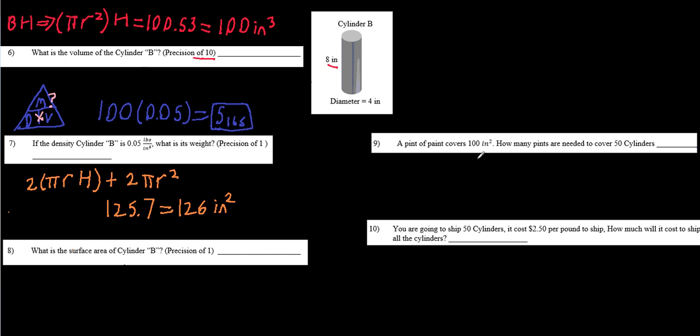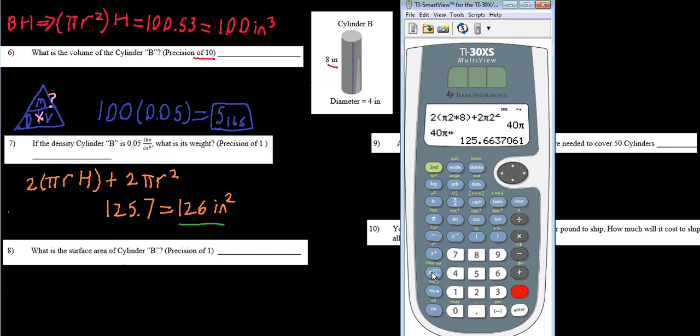The next question asks, if a pint of paint covers 100 inches squared, how many pints are needed to cover 50 cylinders? Well, one cylinder was 126, so 2 would be double that, and 3 would be triple that. So for 50, we take 126 and multiply by 50.